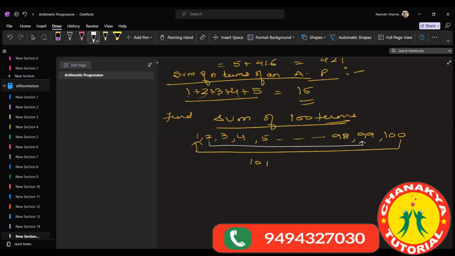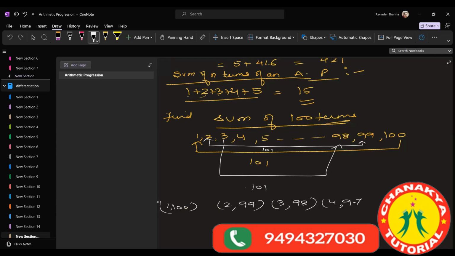Now 99 plus 2, it will be again 101. Then 3 plus 98, 101. So you will see 1 comma 100, 2 comma 99, 3 comma 98, then 4 comma 97. In this way, you will get 50 pairs.